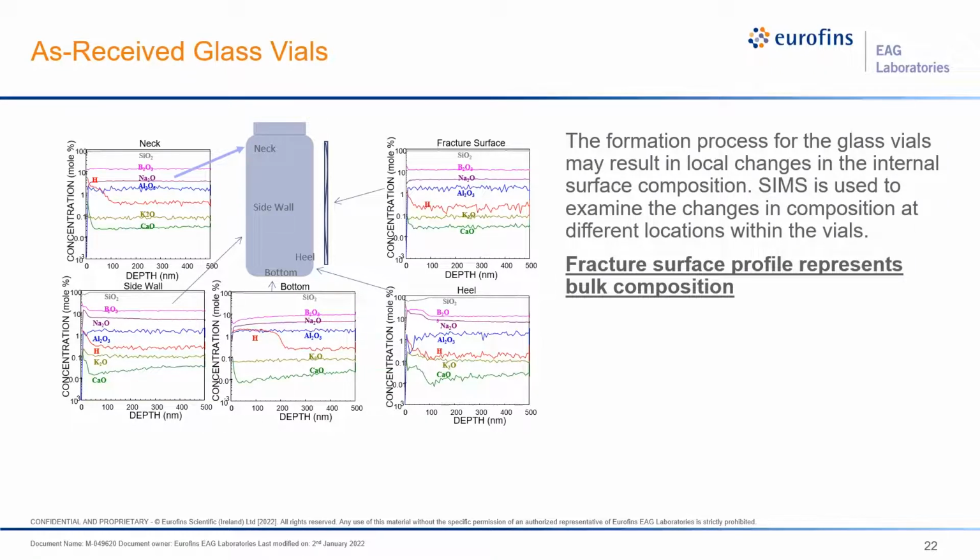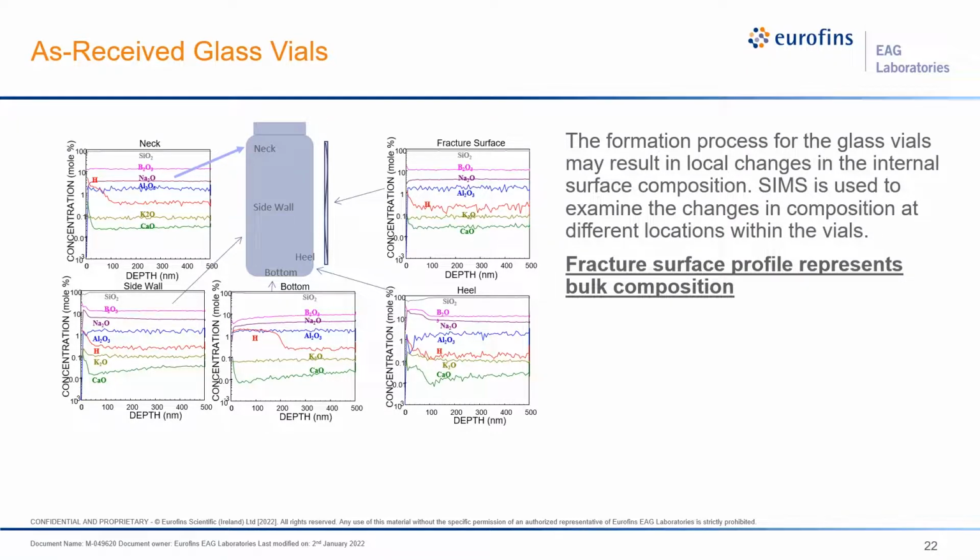So if you look at the fracture surface, we find that all these elements are constant, and more importantly, the sodium, the mobile ion, the difficult element, is staying constant all the way to the surface. So now we can use this basis to analyze the other portions of this vial.